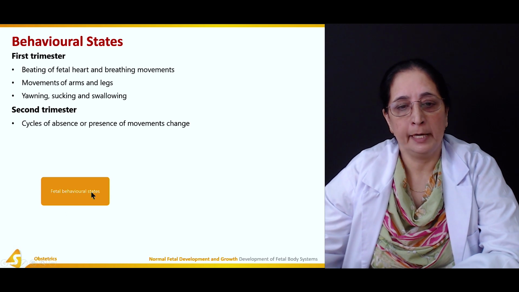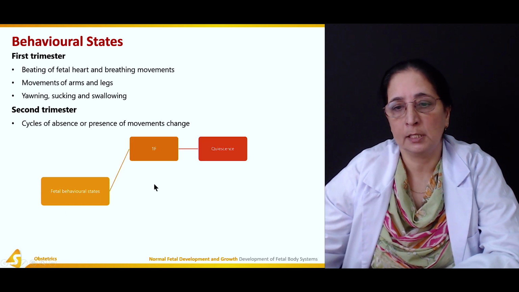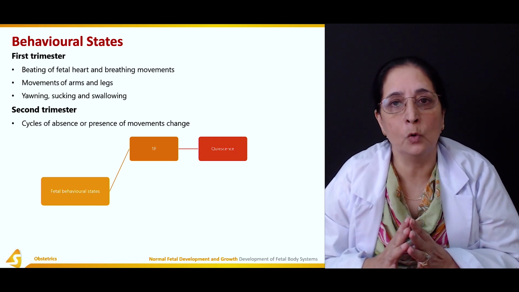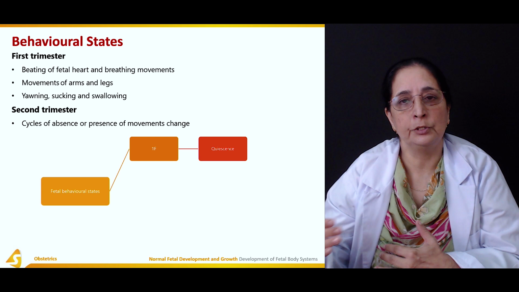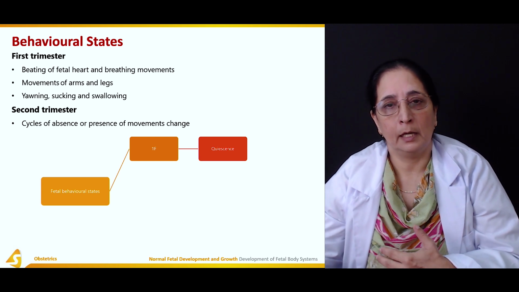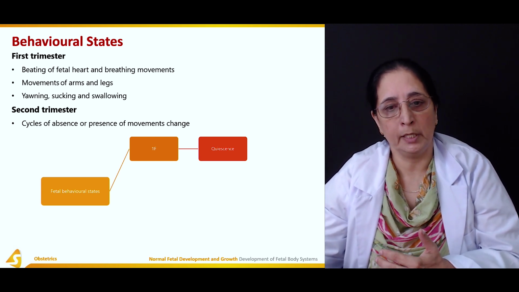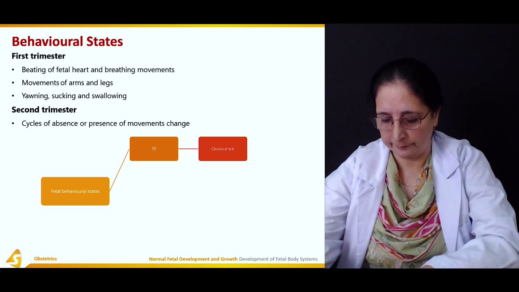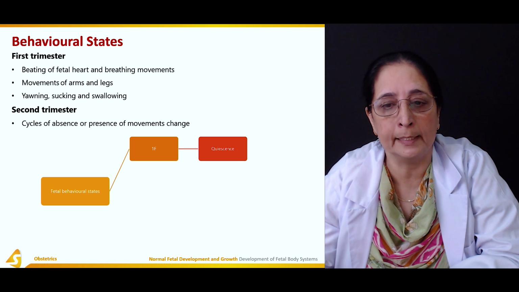Then the fetal behavioral states. First is quiescence. In the beginning, there is no movement, and usually at about the 16th week, fetal movement starts, and there is feeling of the fetal movement by the mother.